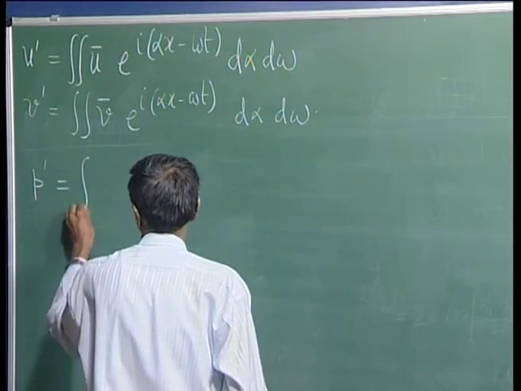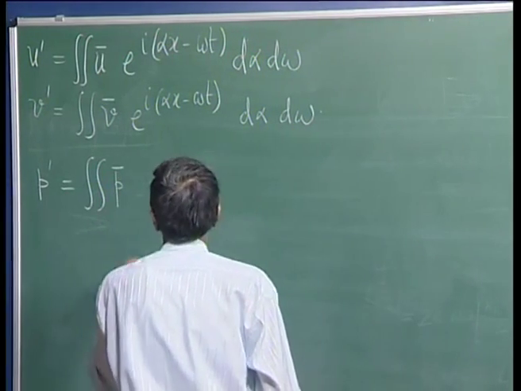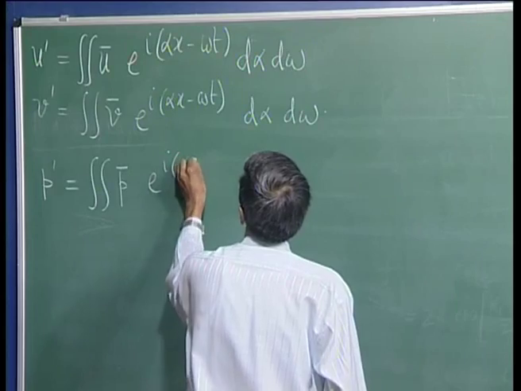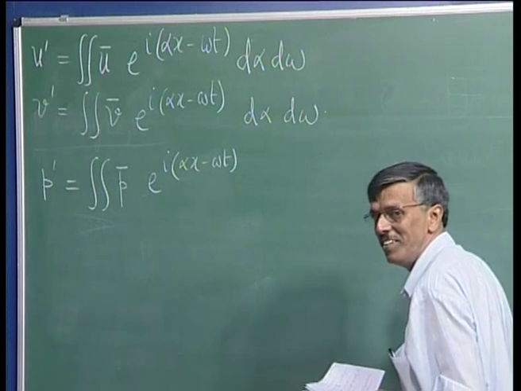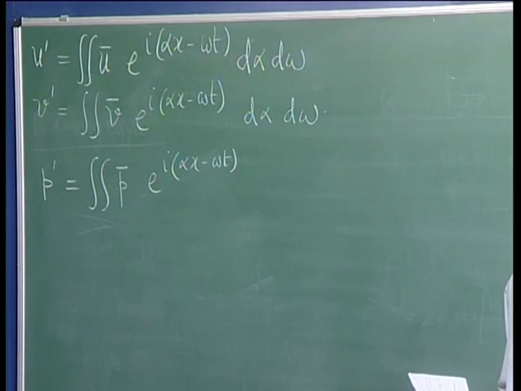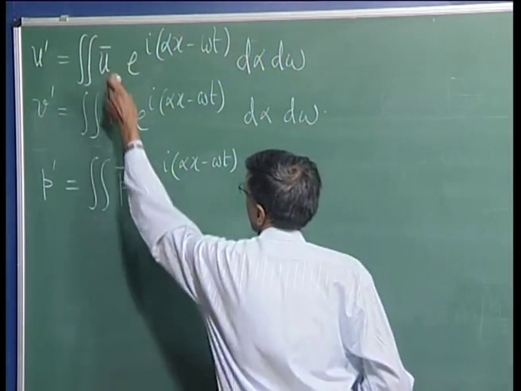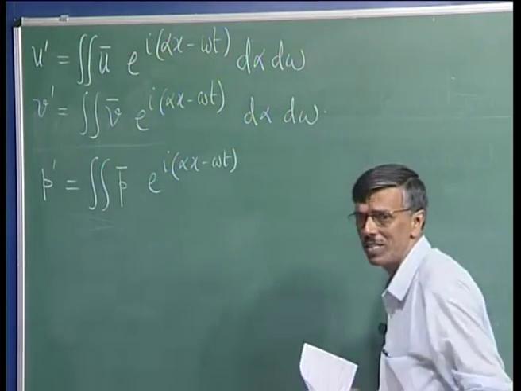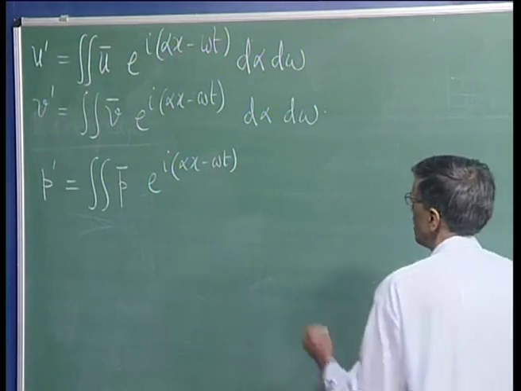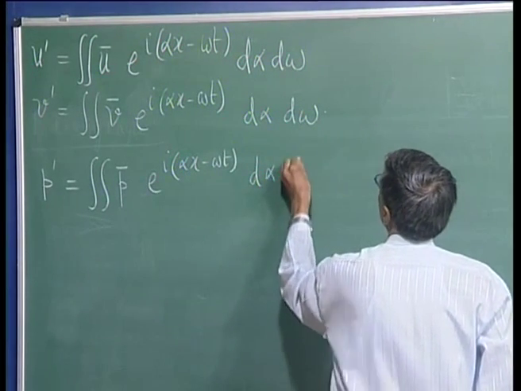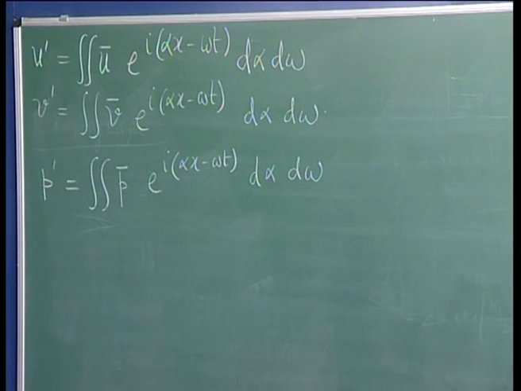Similarly, v prime is v bar e to the power i(alpha x minus omega t) d alpha d omega. p prime should be equal to its amplitude p bar times the phase. Although I am calling it a phase, that is a very loose way of saying, because if it has an imaginary part, it would also contribute to the attenuation or growth of the amplitude. The amplitudes are given like this, but their amplification in space and time would come about from the imaginary part of alpha and omega here. So, we should keep that in mind. So, there it is. What we have are these three definitions in the spectral plane.